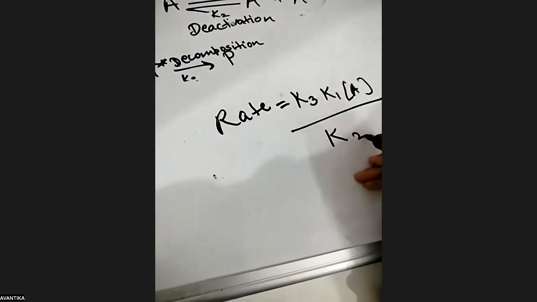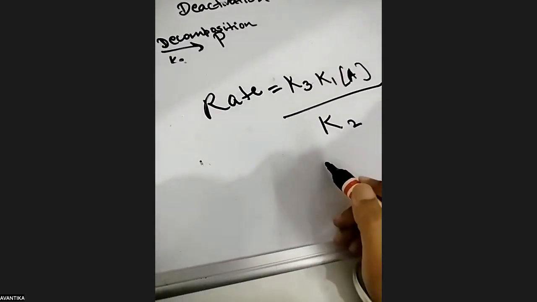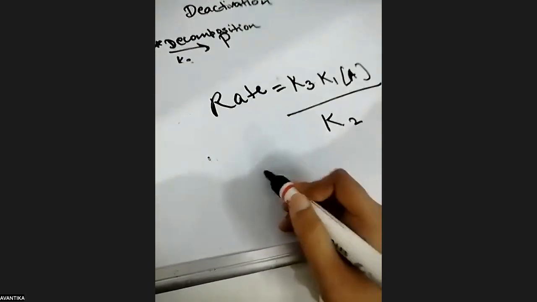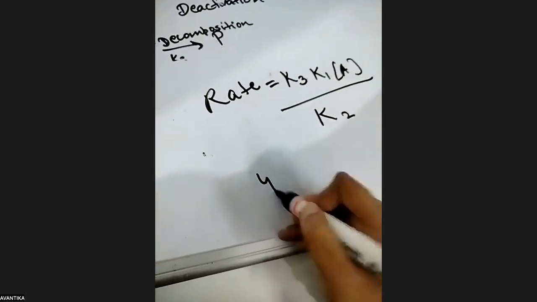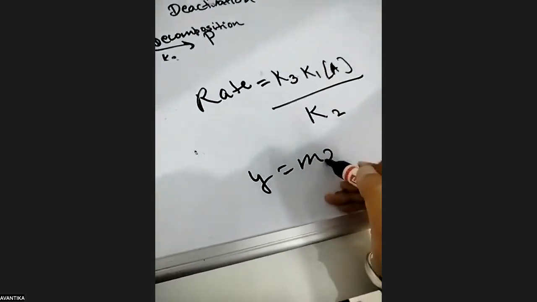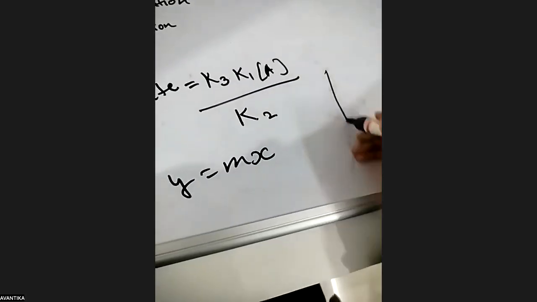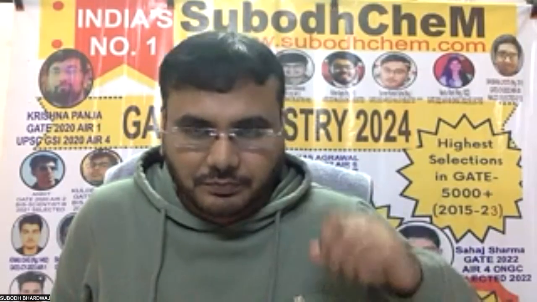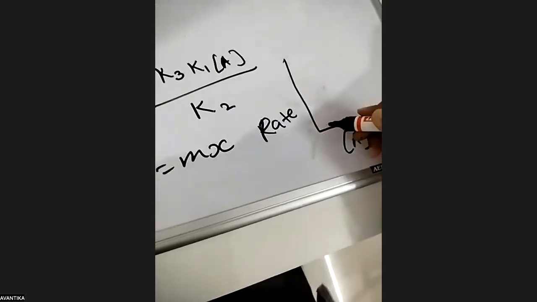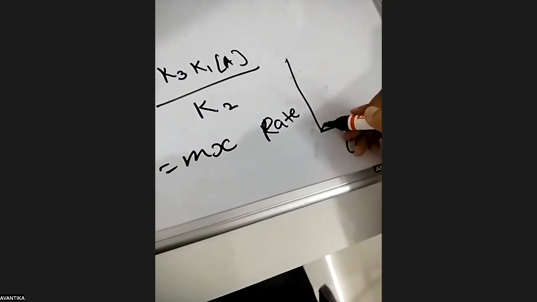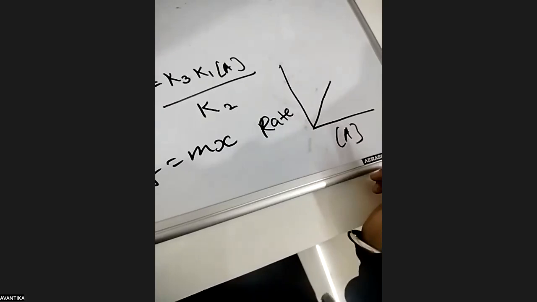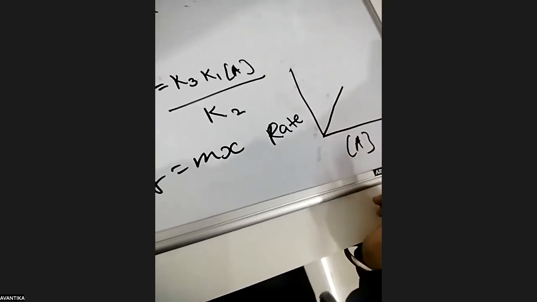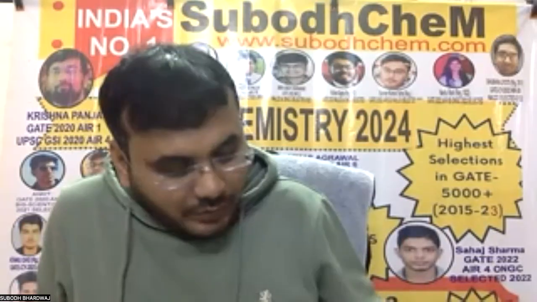This is a y is equal to m x kind of equation. So when we draw the graph between rate versus concentration for the deactivation process, it will be a linear graph. Yes, good. Next day we will discuss the left part of chemical kinetics.